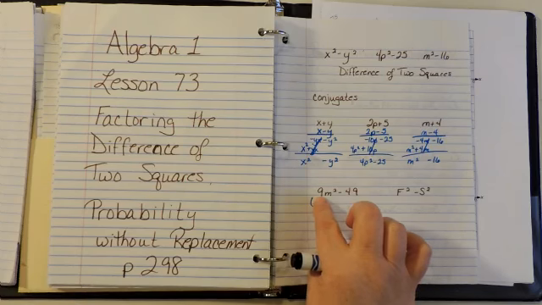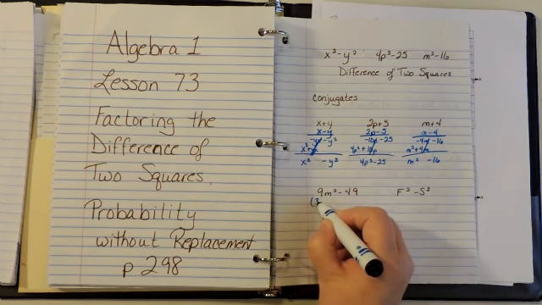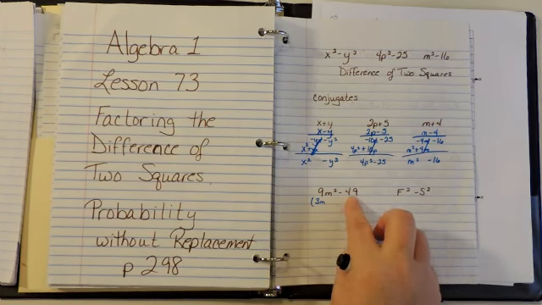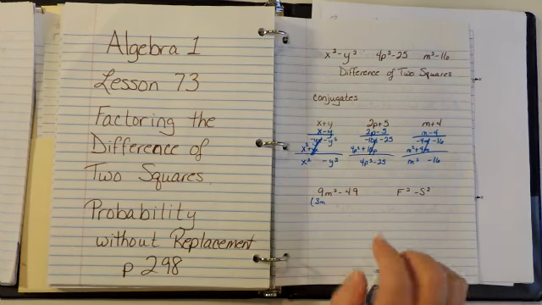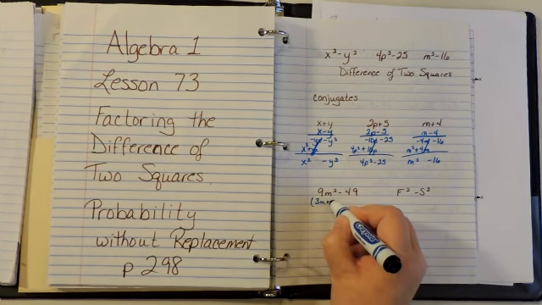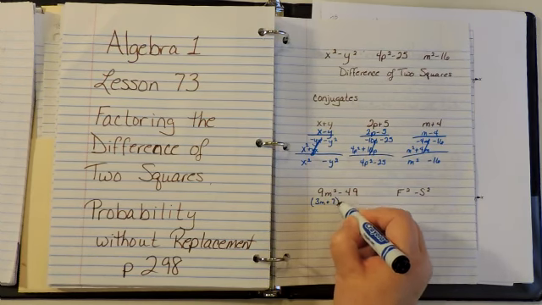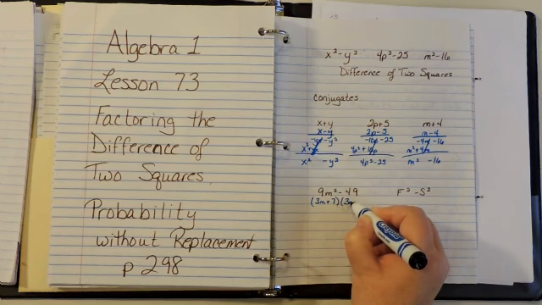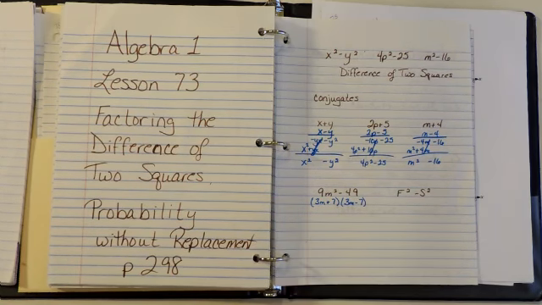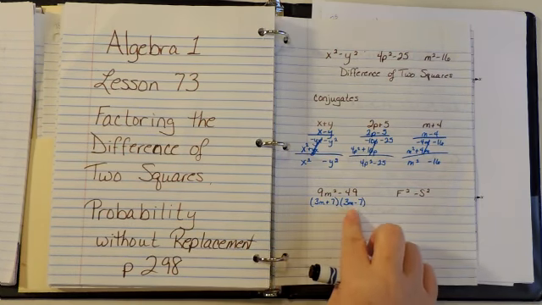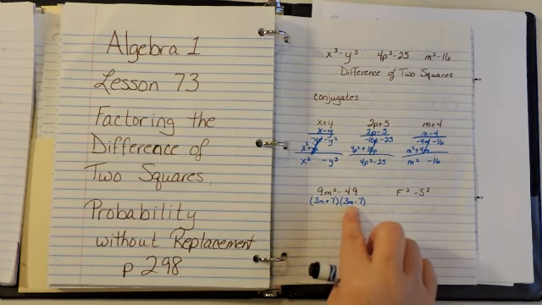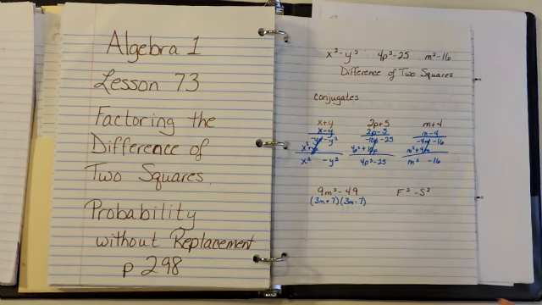The square root of 9m squared is 3m. The square root of 49 is 7. So if we do 3m plus 7 and 3m minus 7, then we have the conjugates of the binomials, and multiplied together we get this.